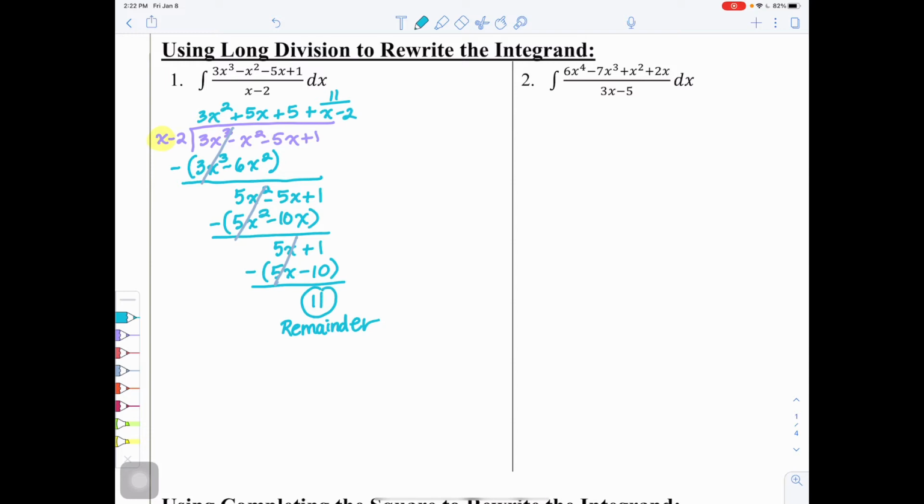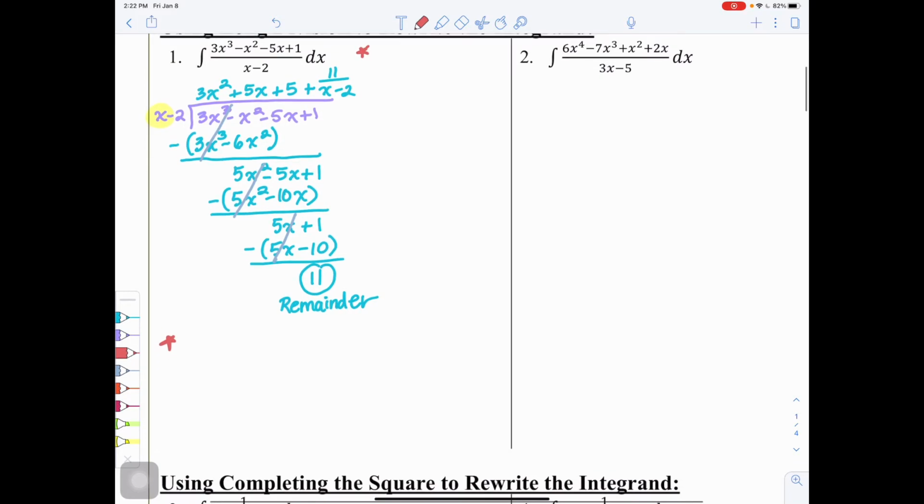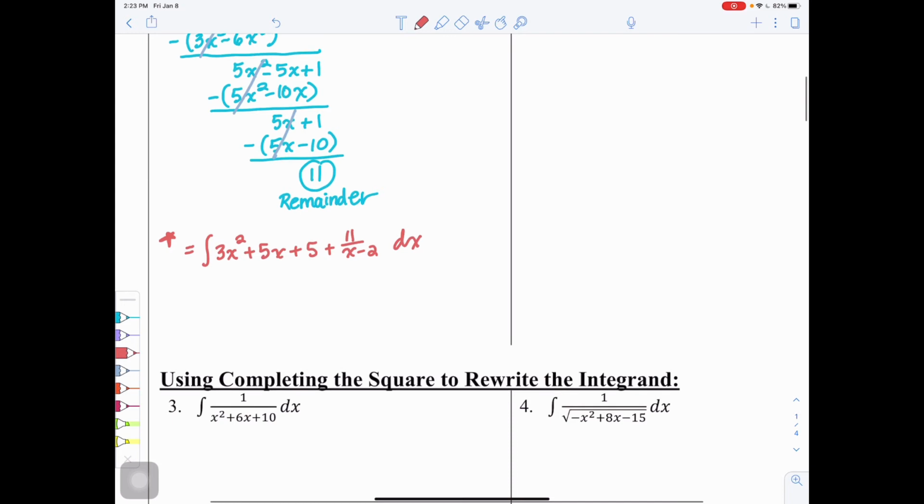It just takes a little practice. So guess what? Now we can rewrite our integral. I'm going to put a little star up there and a star down here, that way we know we're rewriting our integral. So this is equal to the integral of 3x squared plus 5x plus 5 plus 11 over x minus 2 dx. And we did that because these are very easy to integrate.